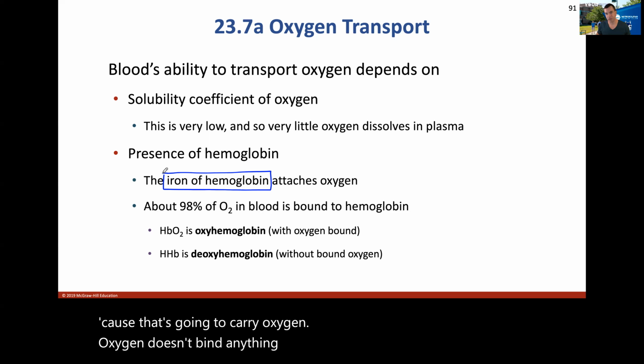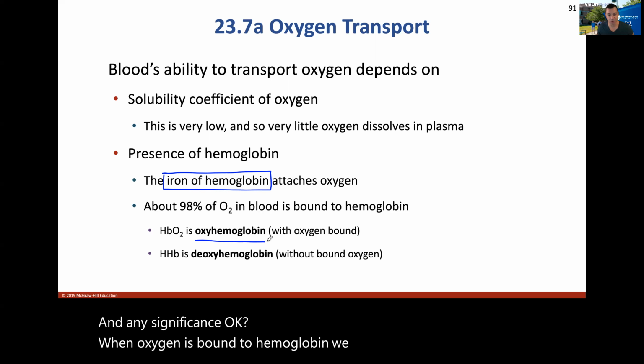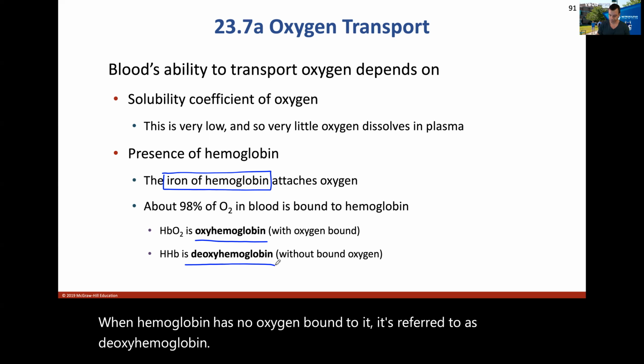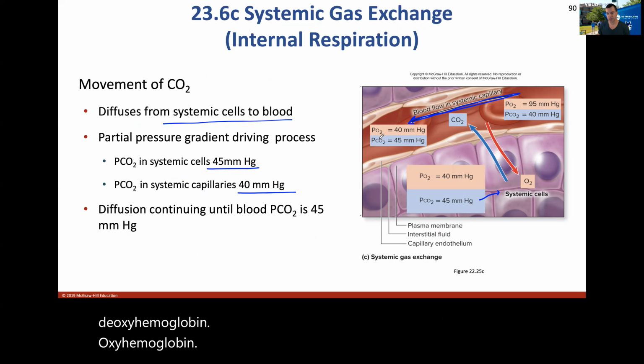Oxygen doesn't go into the plasma in any significance, okay? When oxygen is bound to hemoglobin, we refer to it as oxyhemoglobin. When hemoglobin has no oxygen bound to it, it's referred to as deoxyhemoglobin. Oxyhemoglobin, as it goes through here and dumps off oxygen, becomes deoxyhemoglobin.